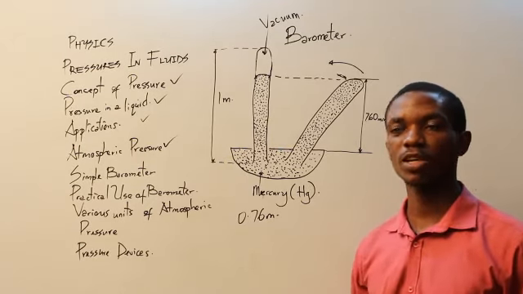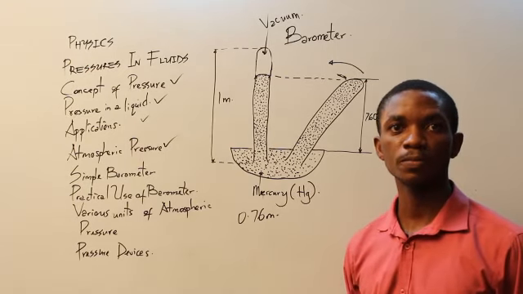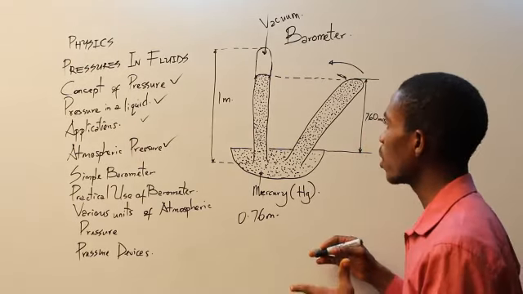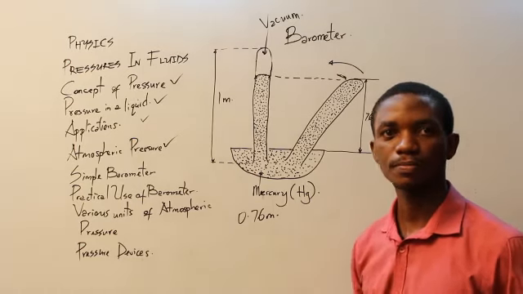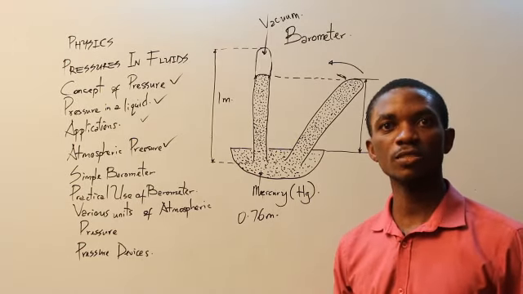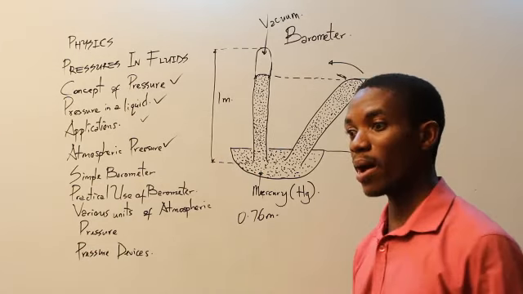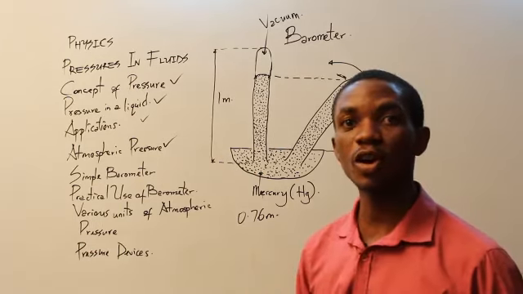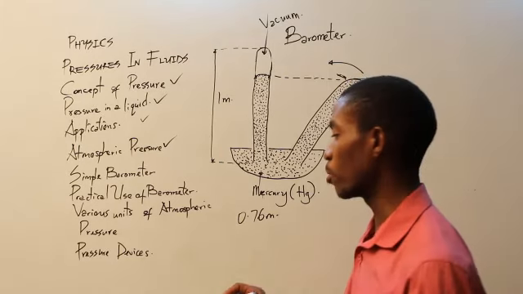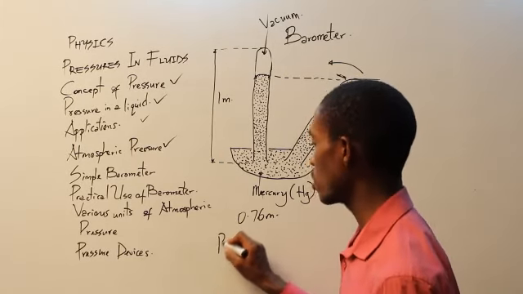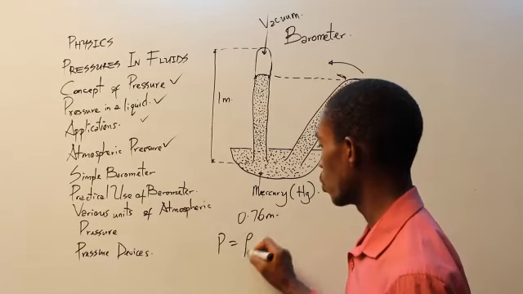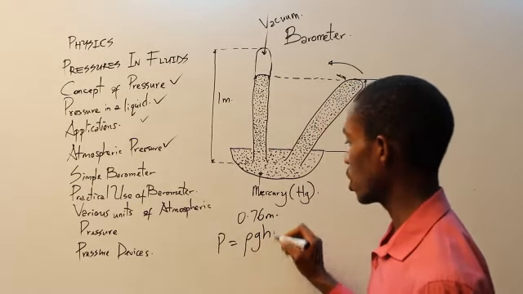I made mention of millimeter of mercury a few minutes ago. So how do we now calculate it in Pascal, that is, in newtons per meter squared? Remember, I gave you a formula for how to calculate pressure exerted by a fluid on a body, and that was given as P equals rho g h.